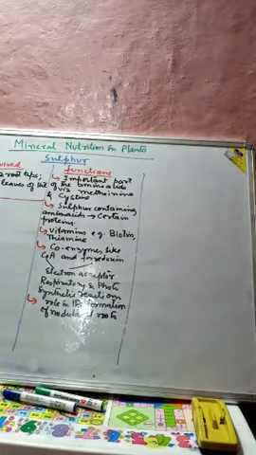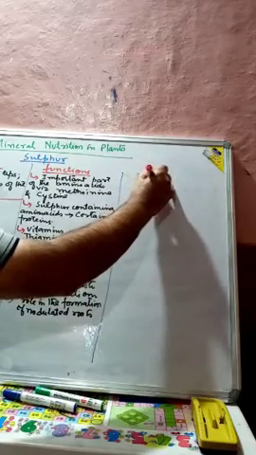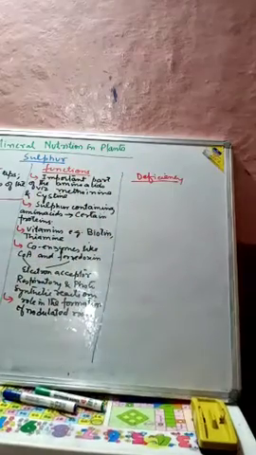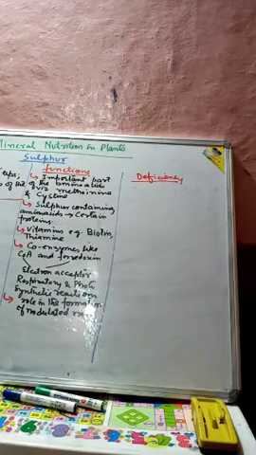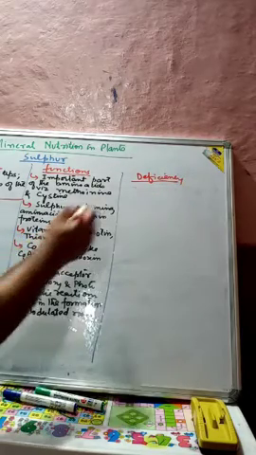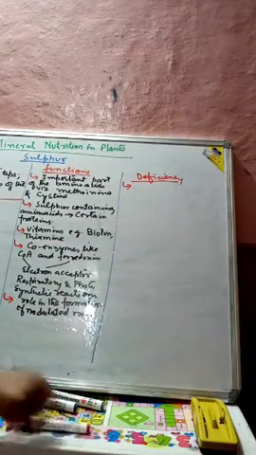Now we will see its deficiency. By knowing the functions, it becomes much easier for us to describe the various deficiencies. First and foremost, what we will see here is yellowing of the leaves.